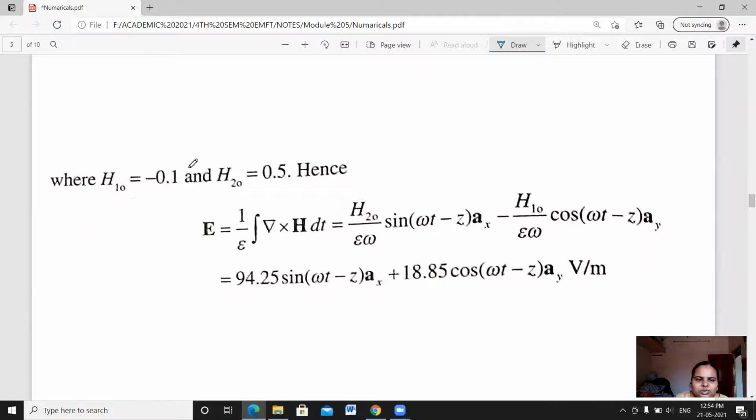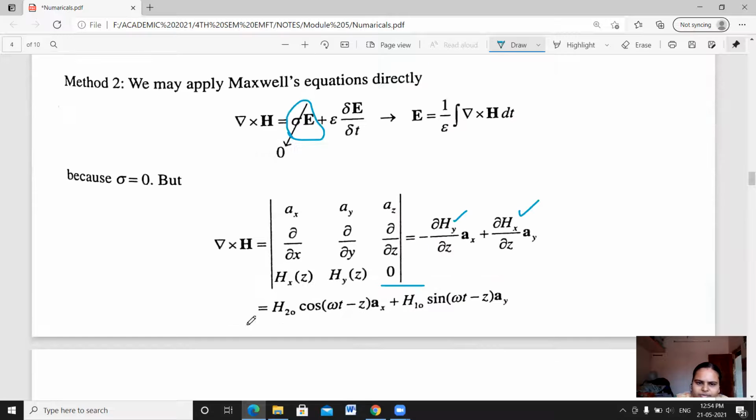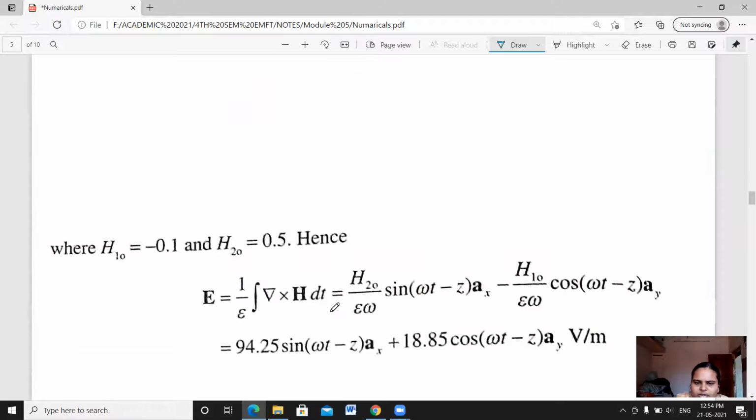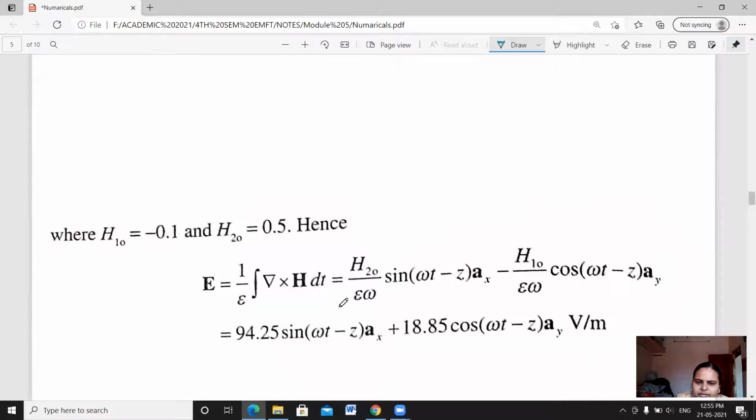Then H10 is 0.1 and H20 is 0.5. Substitute here: E is going to be equal to 1/ε integration of del cross H dt. You just have to integrate this equation. Then you will get H20 divided by ωε sin(ωt − z) aX minus H10 divided by ωε cos(ωt − z) aY.